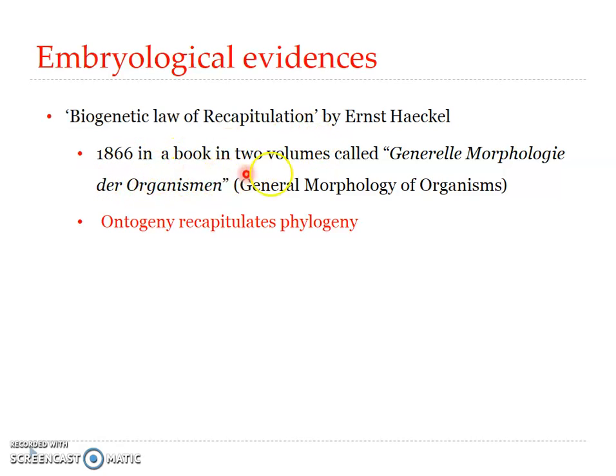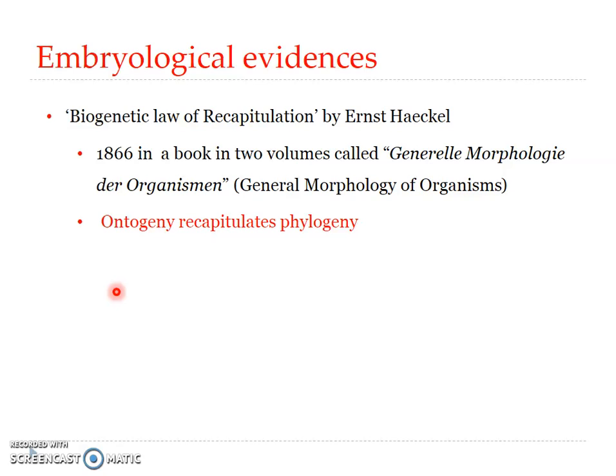He published a book in two volumes in 1866, called General Morphologie der Organismen, that is, general morphology of organisms. And in that he formulated the biogenetic law of recapitulation, and he put forward the concept of ontogeny recapitulates phylogeny.